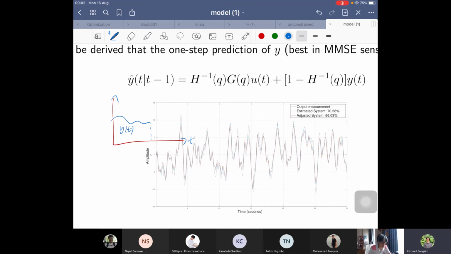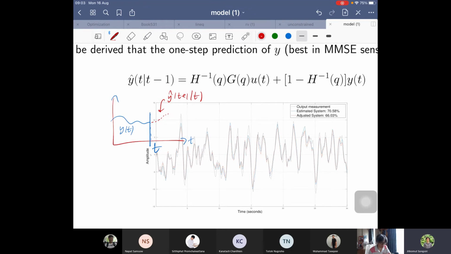When you do the prediction, this is the time of performing the prediction. What you're going to get is the response of yt. This is the estimate, right? If I change the notation a little bit, yt plus 1 given t, you're going to get the red line as a prediction.